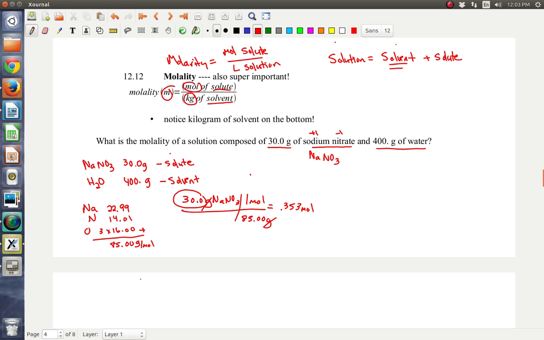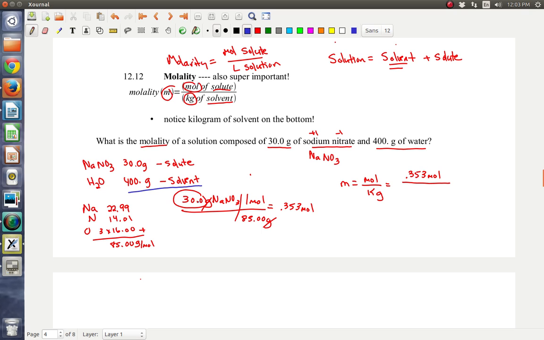Alright, so to figure out the molality, little m is equal to moles over kilograms, moles of solute over kilograms of solvent. So the number of moles I have is 0.353 moles of solute, and the solvent is the water. Change colors for a moment here.